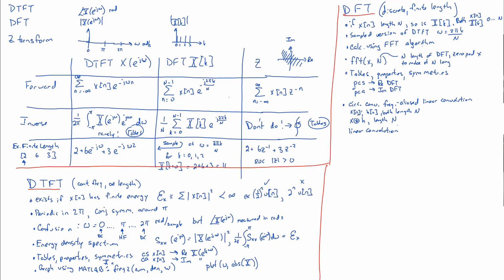Where now, if you've got the same x of n, h of n, both of length N, then the linear convolution is of length 2N minus 1.